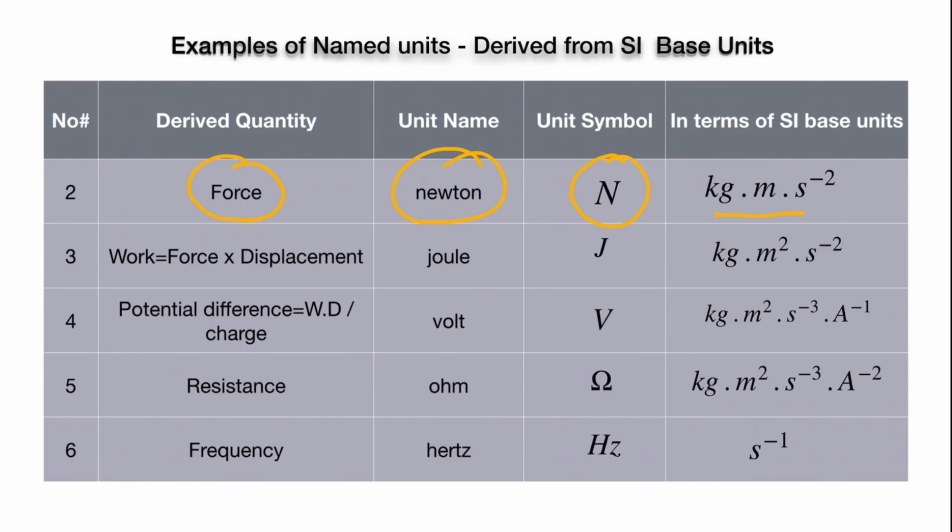For another derived quantity, work, its unit of measurement name is Joule, which is named after a scientist. The unit symbol is capital J and this is represented in SI base units, and all these derived quantities can always be presented in the form of base units of measurement or fundamental units.